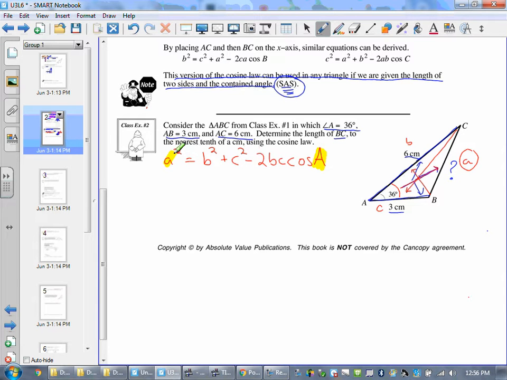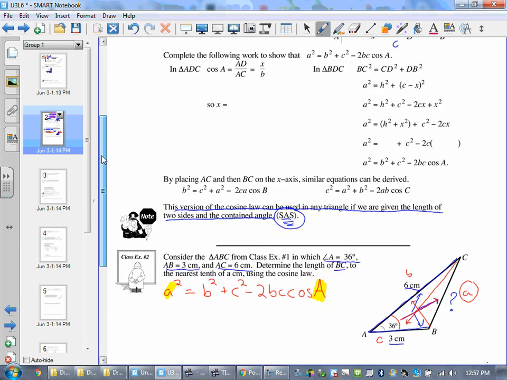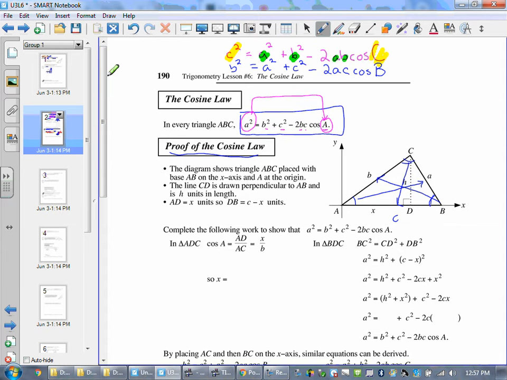Taylor, I might have it written down wrong, but you're looking for side B, so it has to be negative 2AB or negative 2AC. We're looking for side A, where we don't know it. So if we have an unknown B in here, then we've got two unknowns. So I think you guys will be okay for filling this in once we do it a couple times. Does that make sense? Yeah, I just wrote it down. Okay.